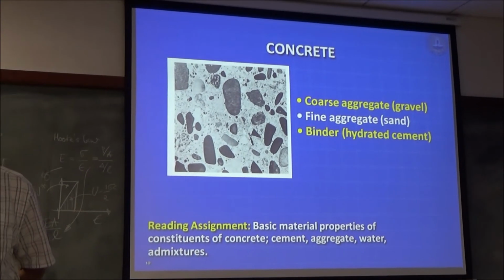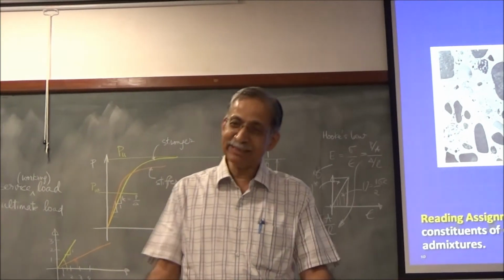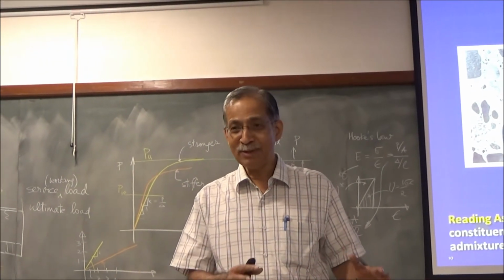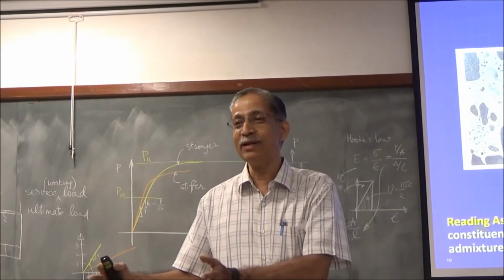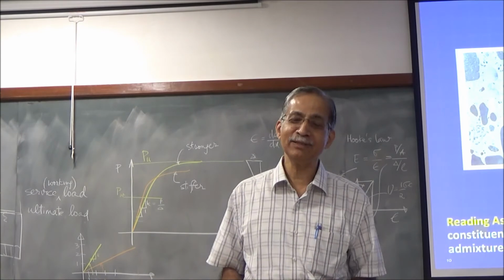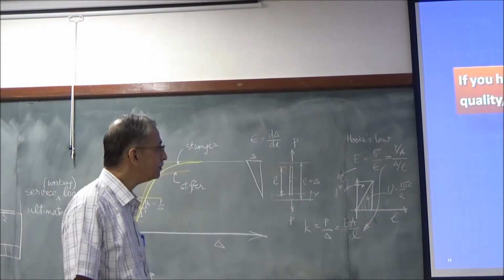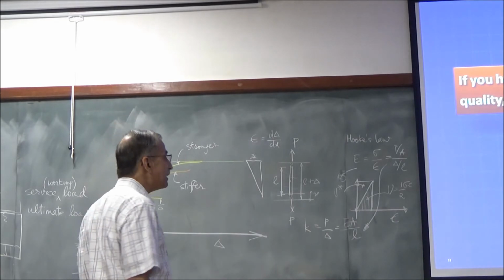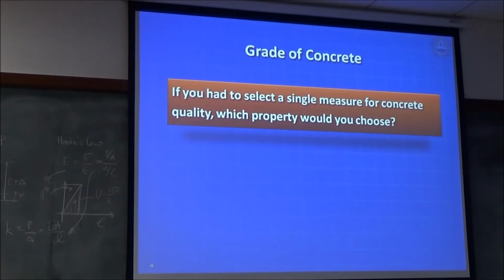If you were to bake a cake, and you give the same ingredients, some will give a cake that you love to eat again and again, and some you wouldn't go near. Why? Ingredients are the same. Same is with concrete. You can have bad concrete, you can have good concrete. If you had to select a single measure for concrete quality, which property would you use?